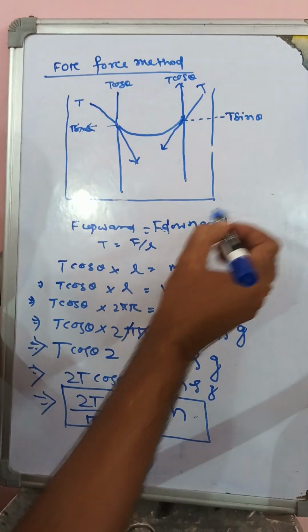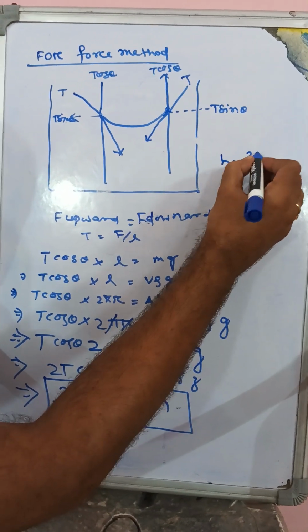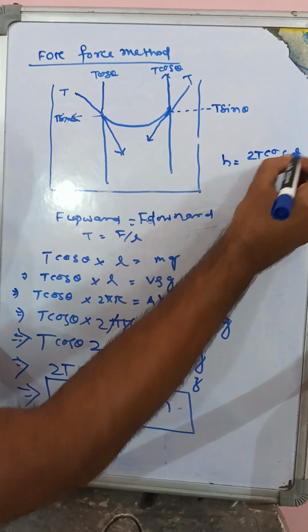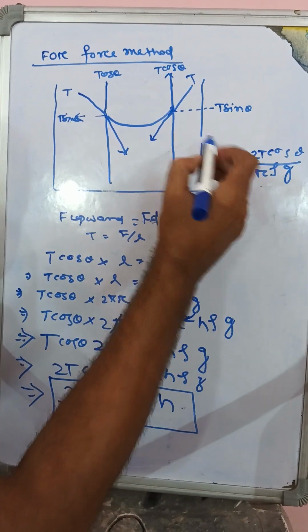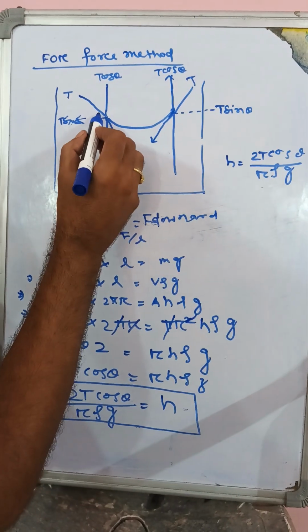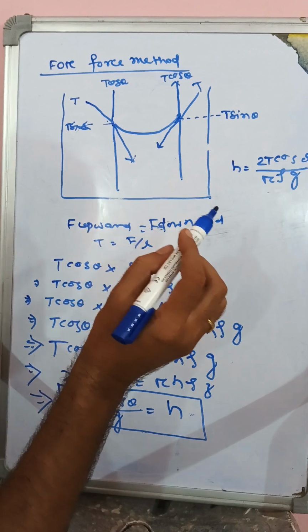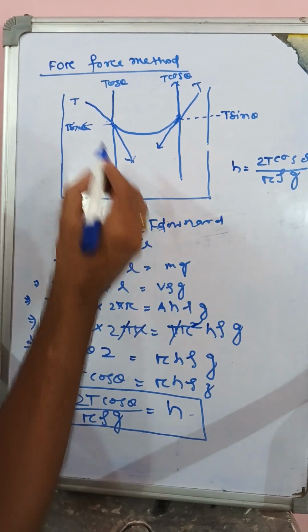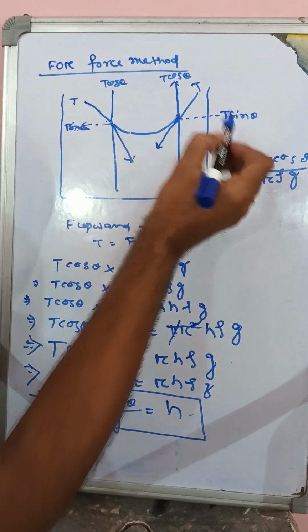In the pressure difference method, we find the value of h is equal to 2T cos theta divided by r rho g. If this angle is theta, then this angle will also be theta. This is sin theta, this is cos theta. We neglect T sin theta as it will be cancelled.